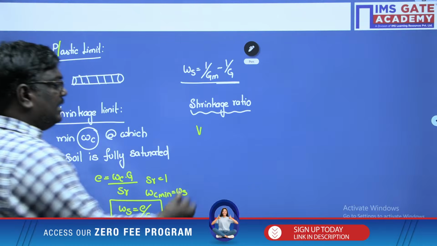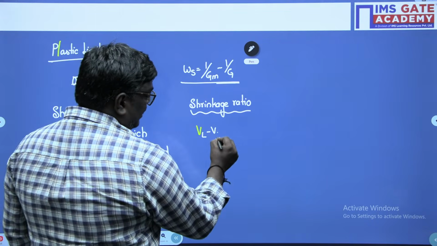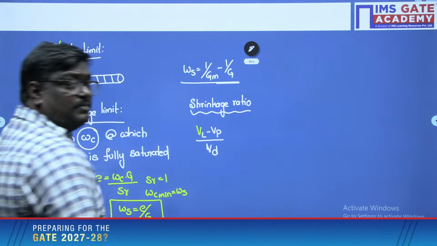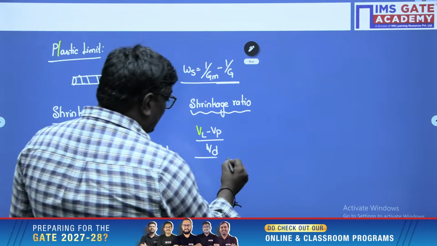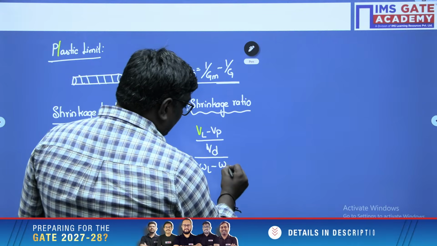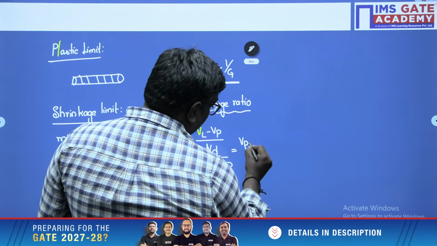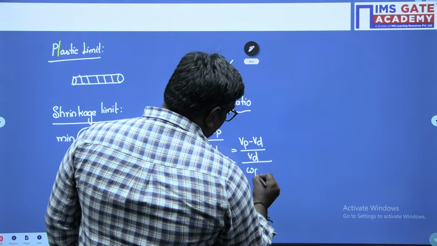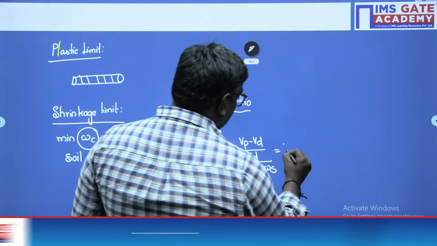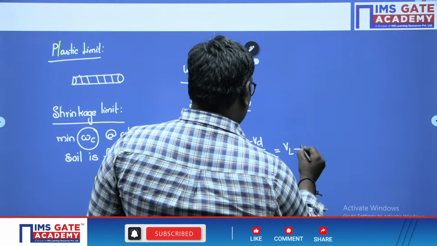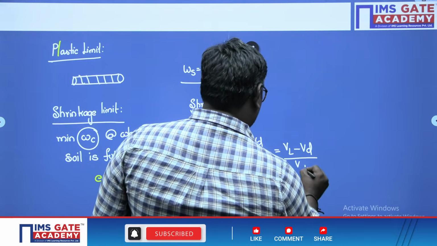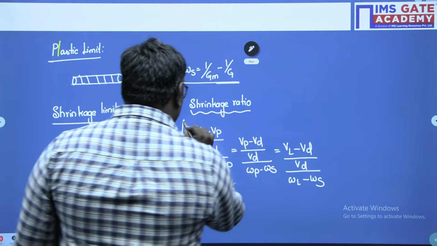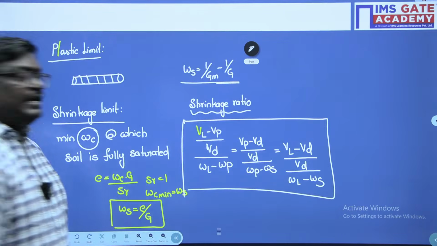So here you can write shrinkage ratio as (VL minus VD) upon VD, upon (WL minus WS), or (VP minus VD) by VD upon (WP minus WS). So this is what we have, shrinkage ratio.